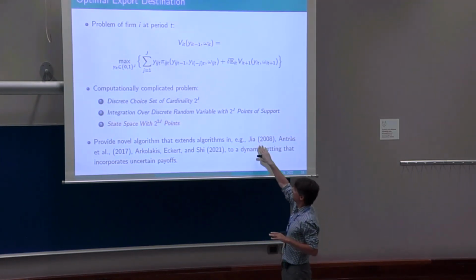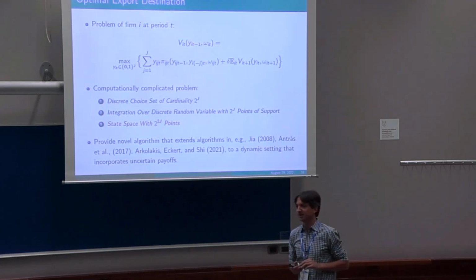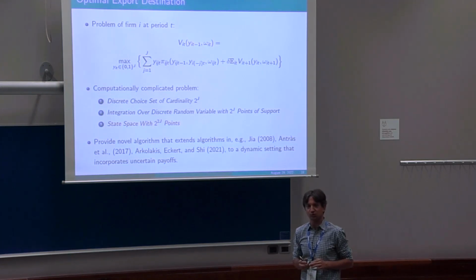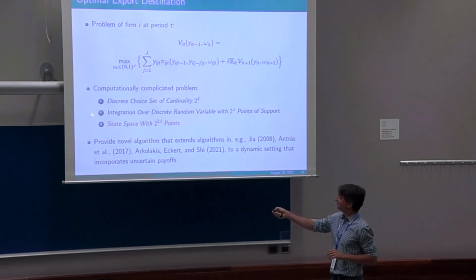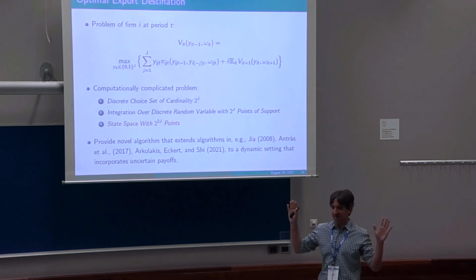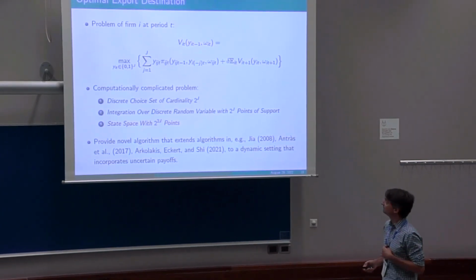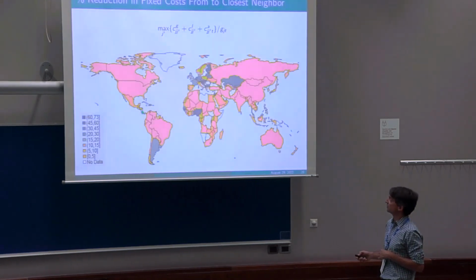If you have in mind those papers that in static frameworks have tried to use the supermodularity of objective functions to solve problems that have feature 1, basically what we are trying to do is to generalize these procedures to problems that not only have feature 1, which is well known in the literature, but also account for features 2 and 3. There is a bounding procedure, and I'm happy to discuss it more, but for this presentation I prefer not to give too many details.